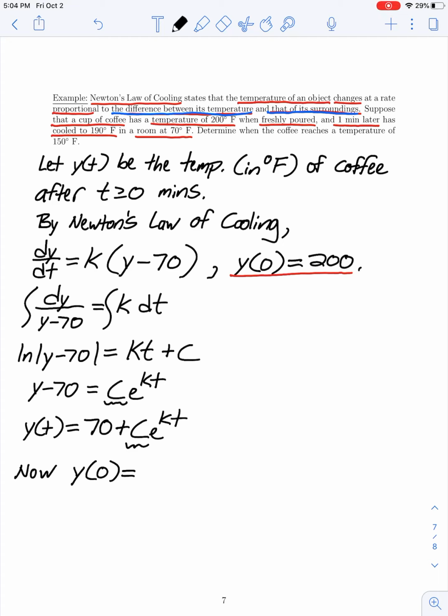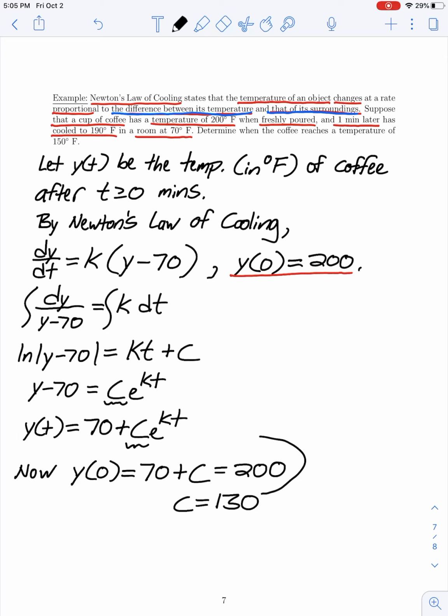So applying that condition, y at 0 would be given by 70 plus c times e to the 0, which is 1. So we have 70 plus c. And we were told that this value has to equal 200. So it follows that our constant c would be 130.